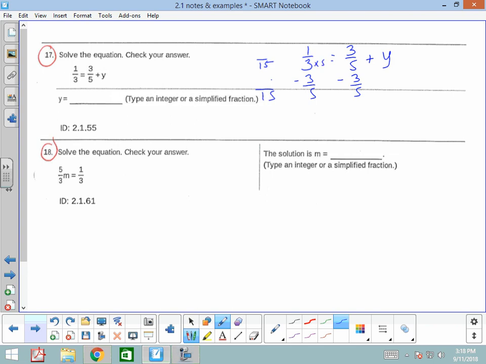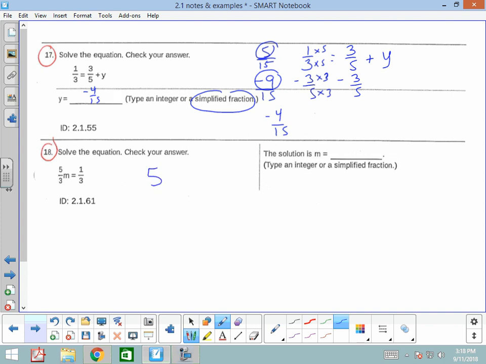So 3 times 5 is 15, so 1 times 5 is 5. Here, 5 times 3 is 15, so, oops, negative 3 times 3 will be negative 9. So 5 minus 9 will be negative 4 over 15. So that's what we'll type in the blank, because notice it says a simplified fraction.